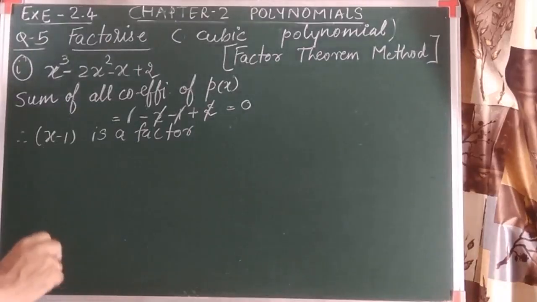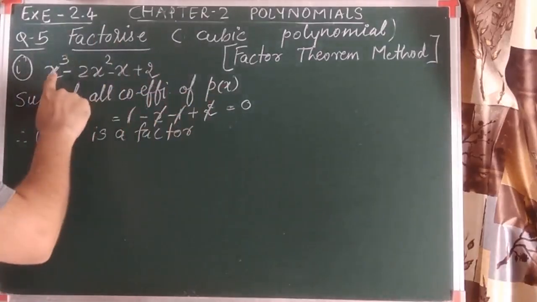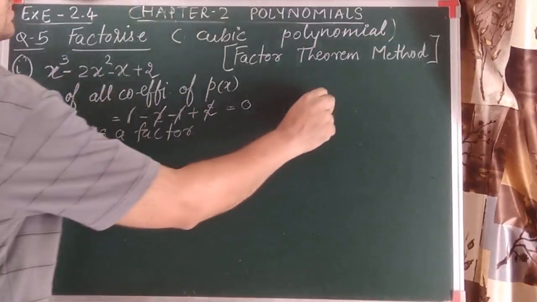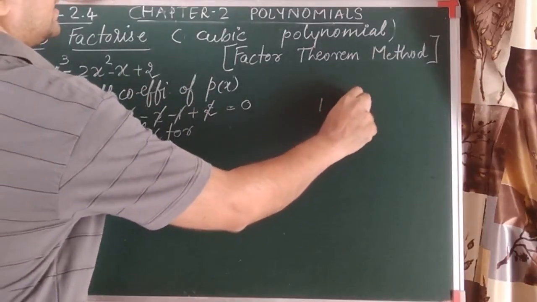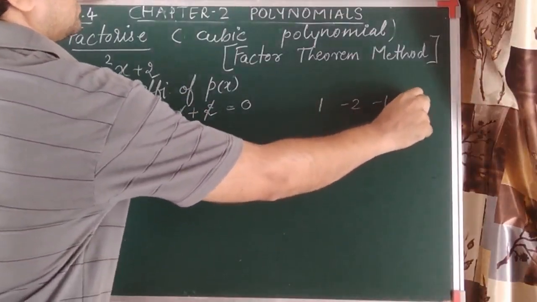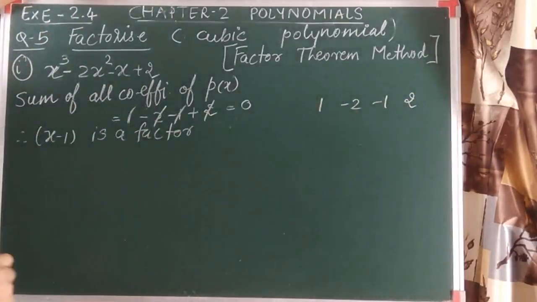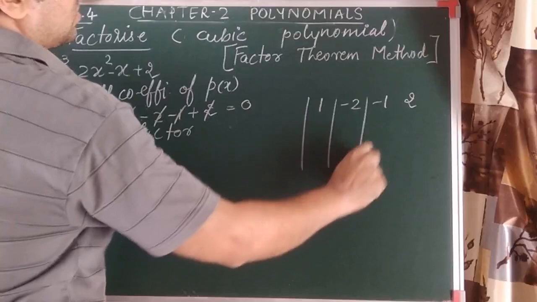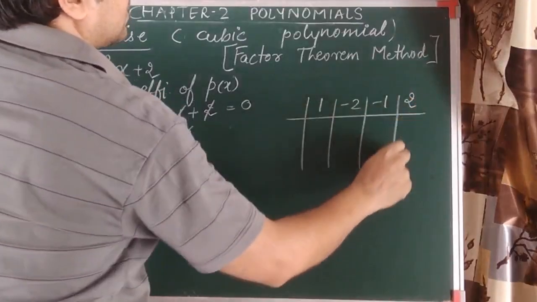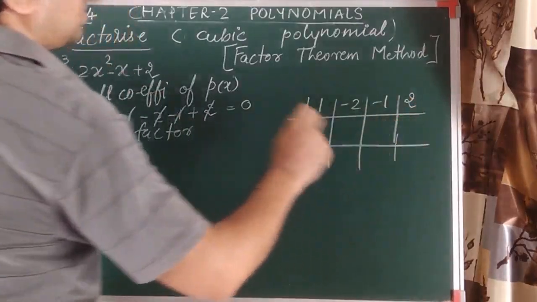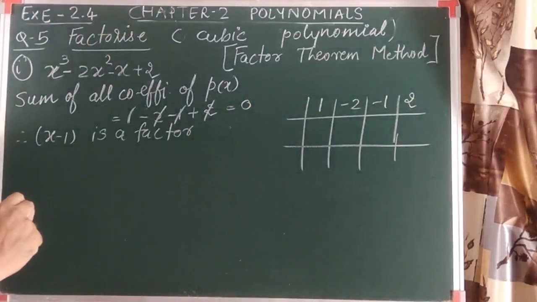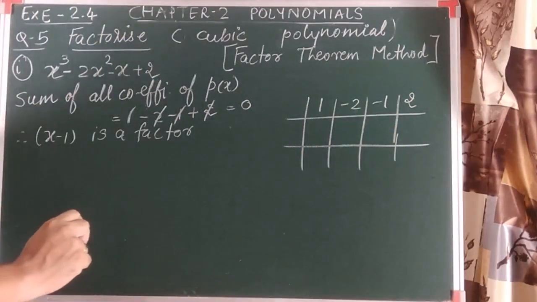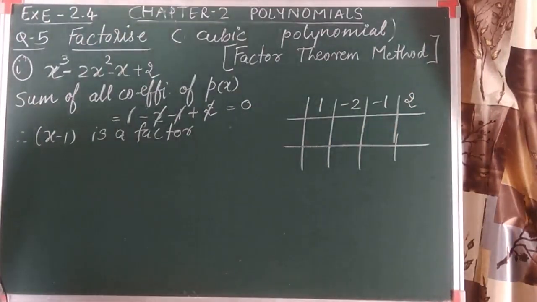So what we'll do here is again write all the coefficients: 1, -2, -1 and 2. Let's draw the column. This method is not shown in the examinations, it's not mandatory, as I told you.